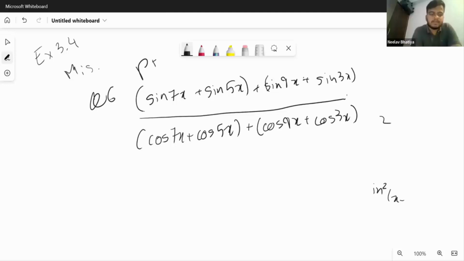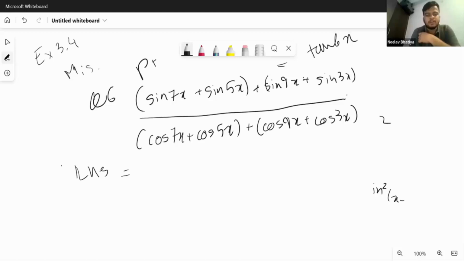This is something that I have. Now I need to prove this equal to tan 6x. Correct.